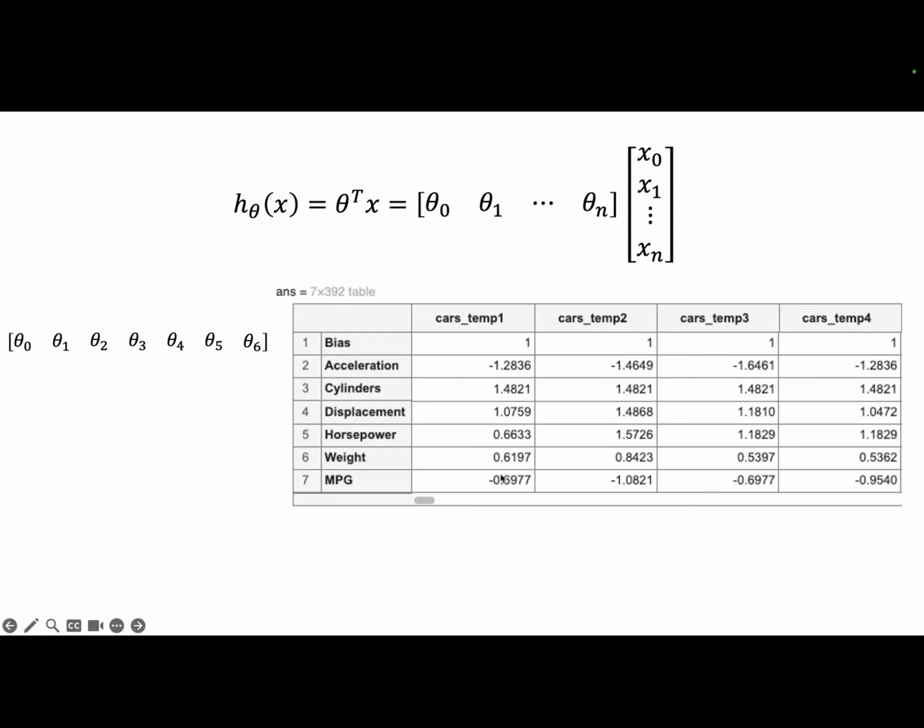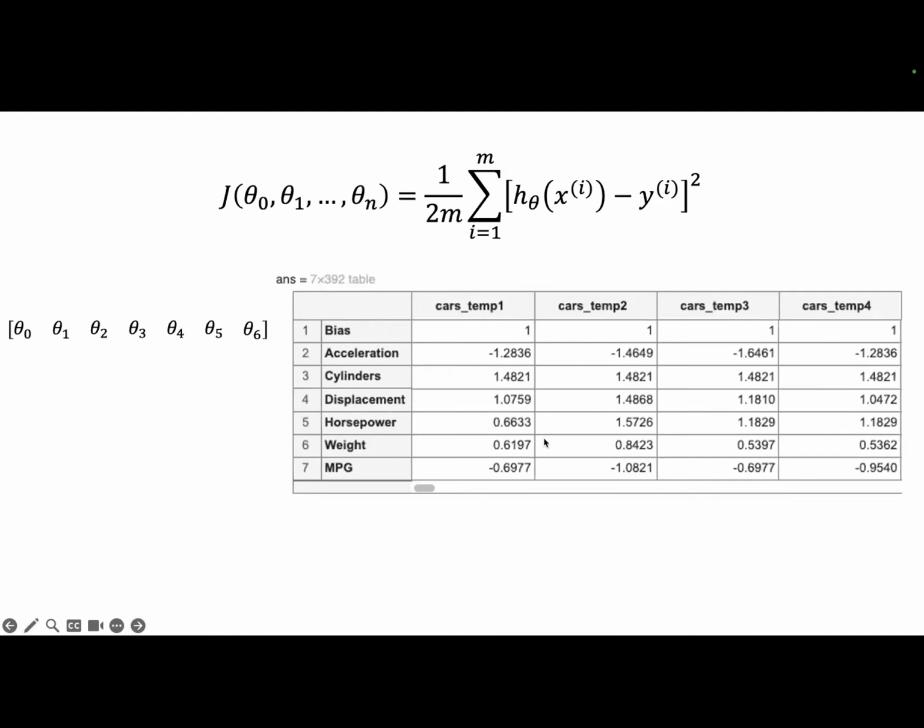Okay, yun na yung hypothesis natin. Okay, so yung hypothesis is then given by this. So, ito, okay, itong theta sub t of x minus y. Okay, so ganyan yung tawag dito, ganyan yung hypothesis.